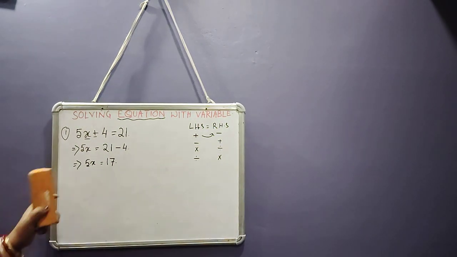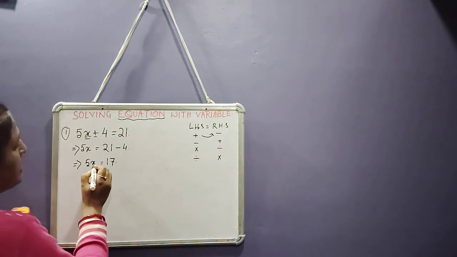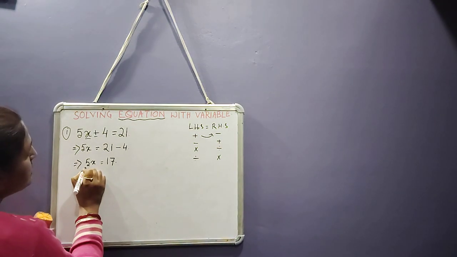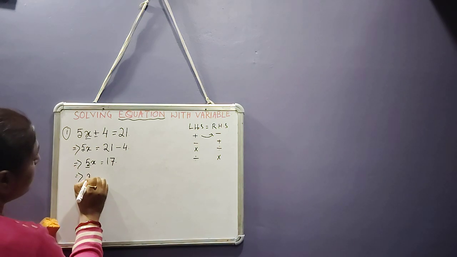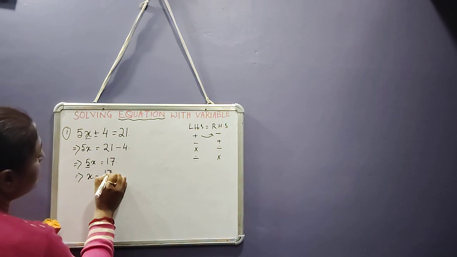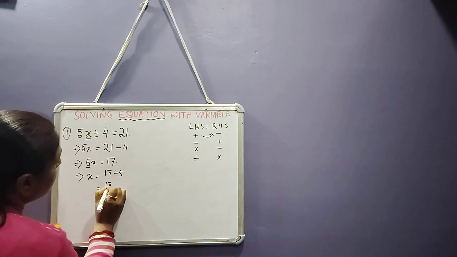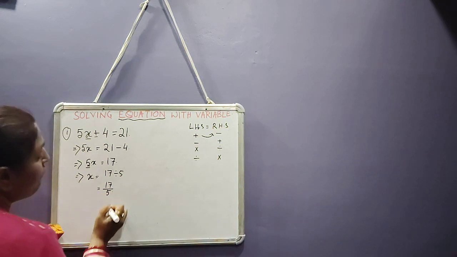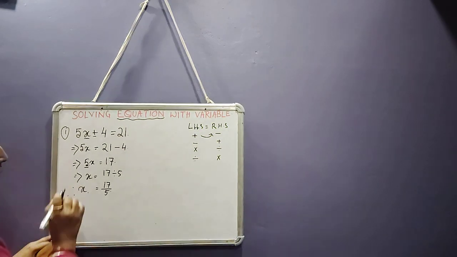Now the right hand side is 17. Now you can see here it is 5 into x. So if you change the side, it will become 17 divided by 5. So it will be a fraction, 17 by 5. So this is the value of x.